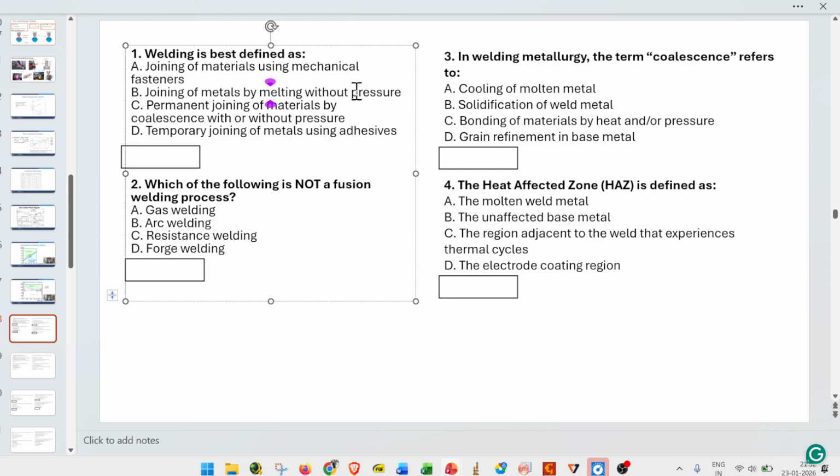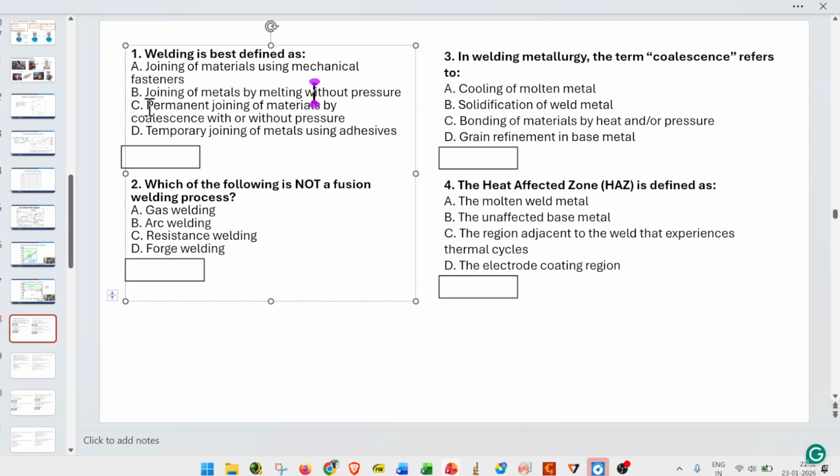Second, joining of the metals by melting without pressure. Welding we can do either using pressure or without using pressure, but there is no condition like only without pressure, so it is partially correct but not totally.